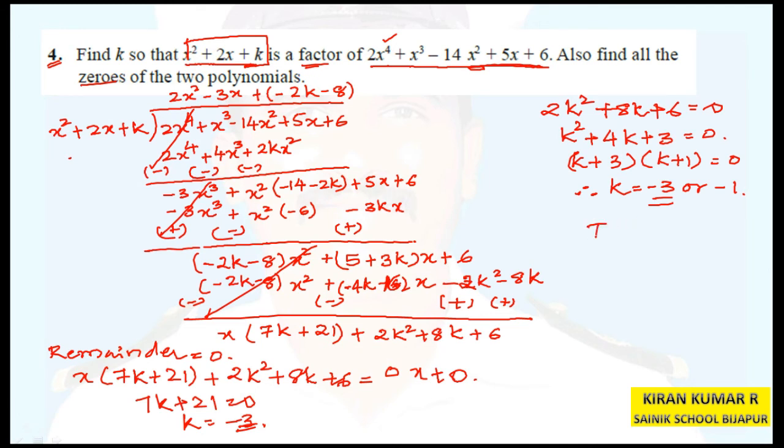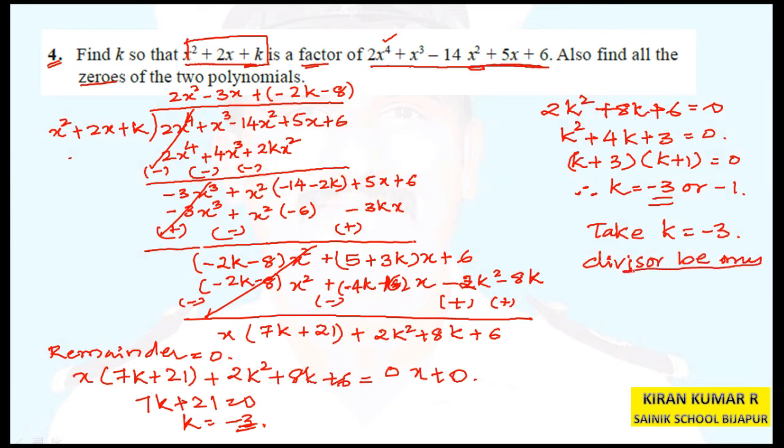If the value of k is minus 3, then I need to find the zeros of the two polynomials. Which are those two polynomials? That is divisor and the quotient. So take k equal to minus 3. Look at the divisor.